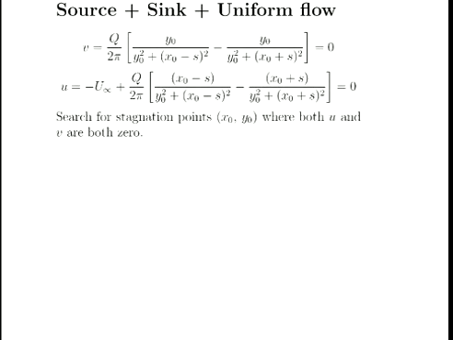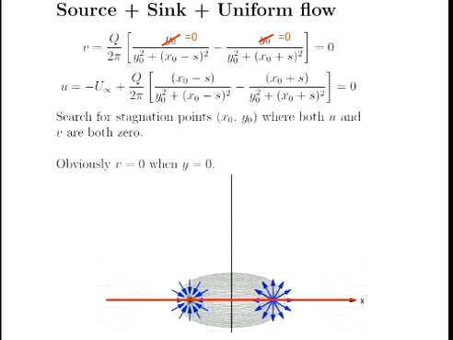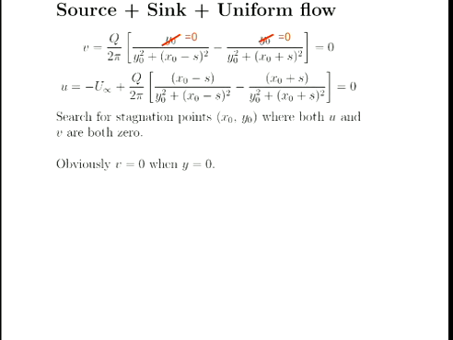It's very obvious from the algebra, from that equation for v, but it should be equally obvious from the axis of symmetry in that flow. There's this axis of symmetry at y equals 0, and you know on that axis of symmetry there's going to be no normal, no v component of velocity.